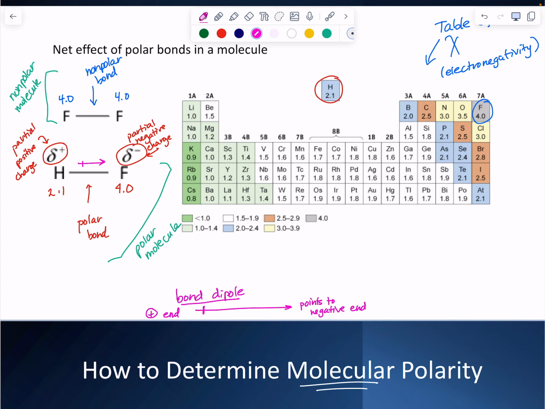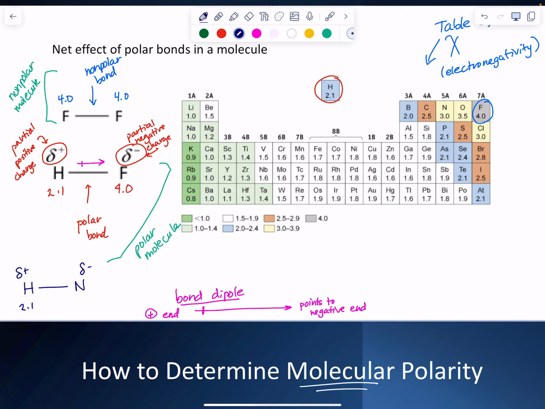Now let's say we're talking about a hydrogen and a nitrogen. So let's just make this here. This is still going to be the positively charged end. This is still going to be the negatively charged end. But the electronegativity of nitrogen is a whole point on the scale lower than fluorine. So the bond dipole for this is going to be smaller.